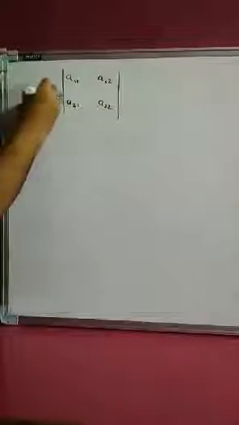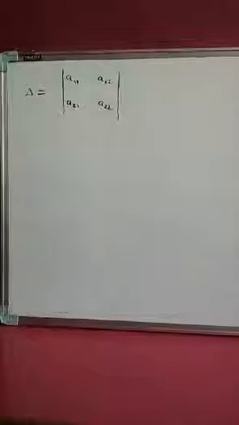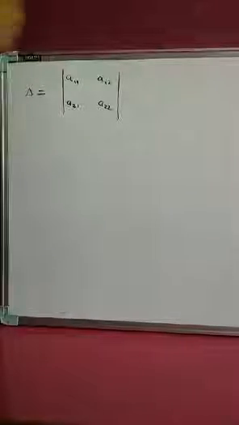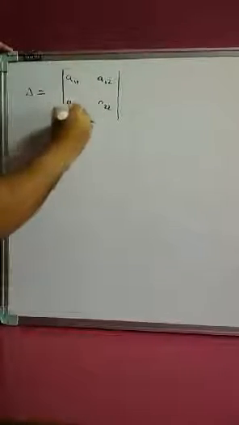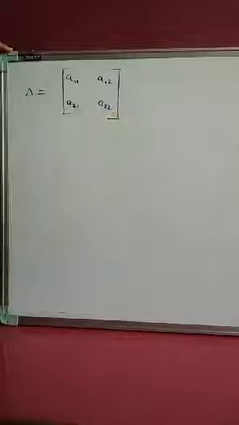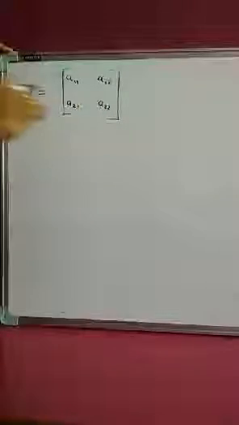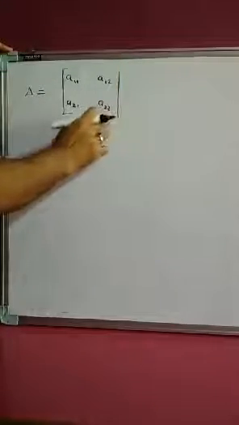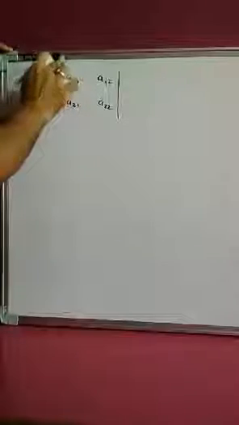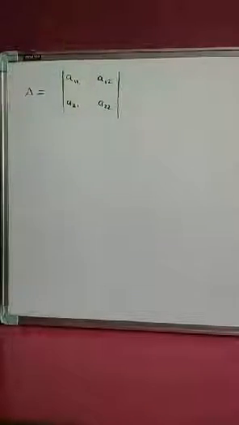We can use the symbol delta or we can use any other symbol also. So this we can say determinant. Now if we want to make the determinant a matrix, we can write it like this. This is a matrix. But a determinant does not have this sign. It has two straight lines.